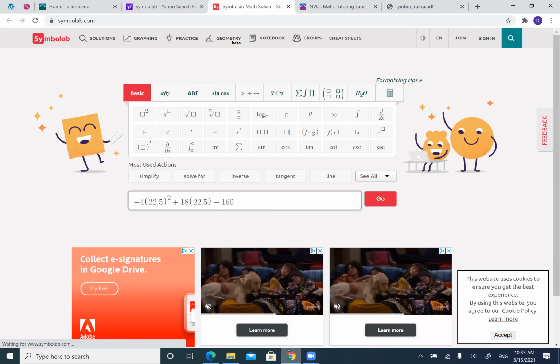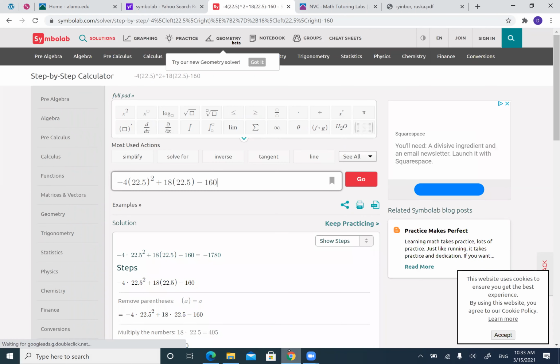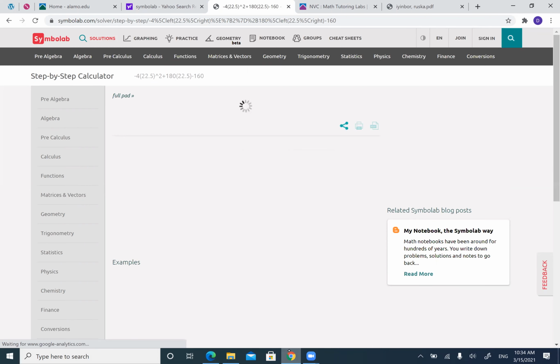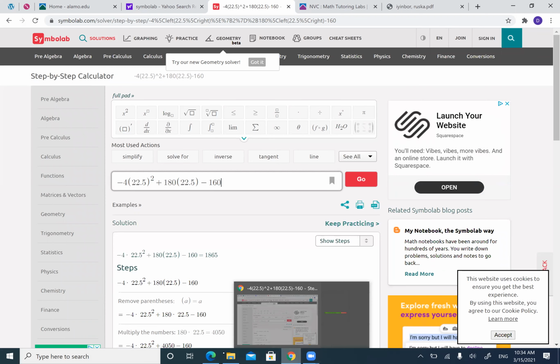That's the formula. Let me plug it in, and then it's going to give me the profit. Oh, I forgot the 180. That's why I was getting negative profit, which is okay. We can get negative profit sometimes, but make sure you check it out. So 1865.